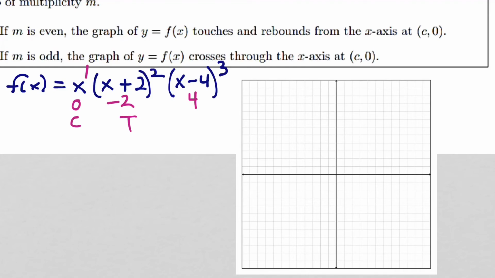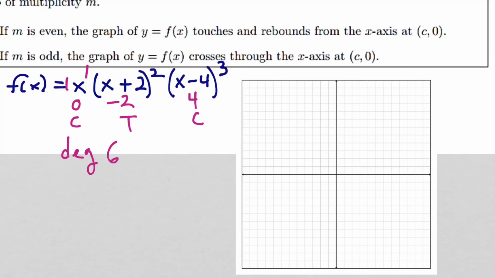So that means we're going to cross. If I count my x's, I can determine the highest degree, which is the power of your first term. I've got 1, and then I've got 2, and then I've got 3. So that's 3 and 2 is 5, plus 1 is 6. So this is a degree 6 function.